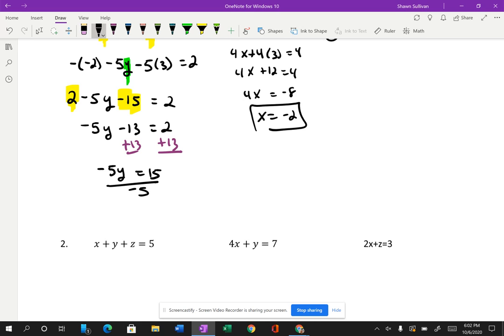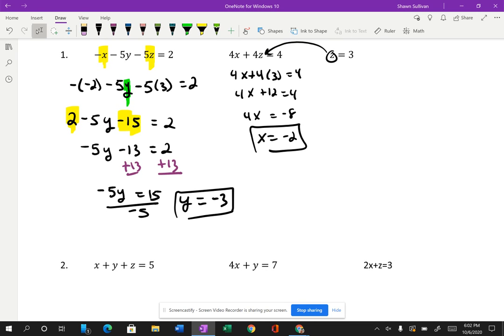Divide everything by negative 5, and y equals negative 3. So the solution to our system would be all 3 coordinate points. We have to write it as an ordered triple. We would write it as negative 2, negative 3, and 3. And so that's our x, our y, and our z.